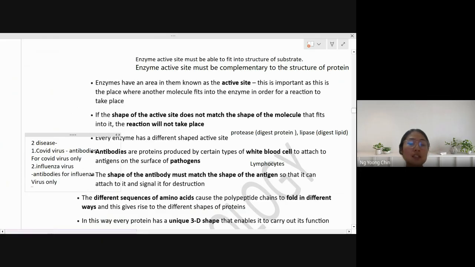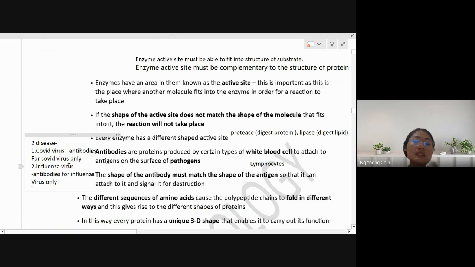So that means the antibody for the influenza virus is unable to bind to the COVID virus because their shape is not fitting. It's not complementary, okay? The antibody that binds the COVID virus is unable to bind to the influenza virus because they do not fit.